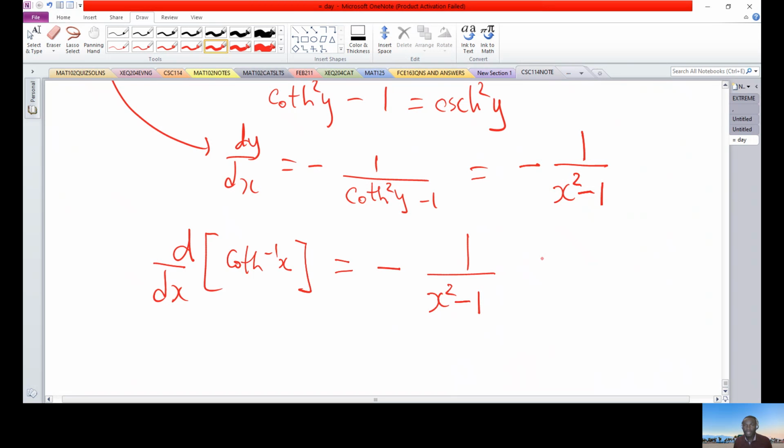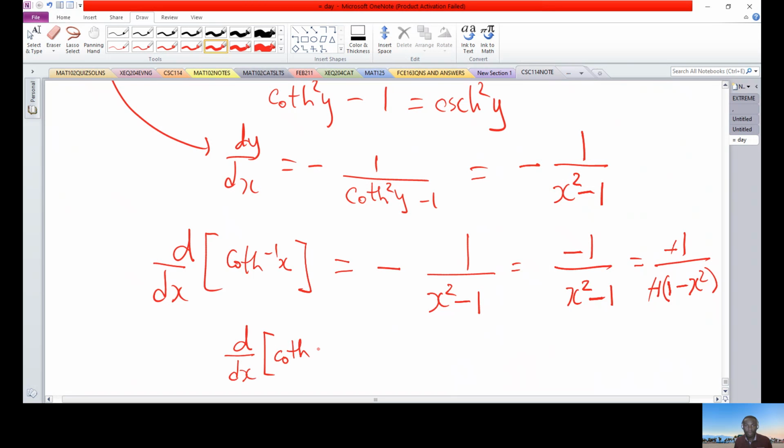But the same thing you can actually, so we have negative 1 over x squared minus 1, which is the same thing as saying negative 1 over, I can factor out negative 1, and then I have 1 minus x squared. Remember, this is the same as this. So therefore, this and this cancel out. So the same thing as saying d/dx of hyperbolic cot inverse of x is the same as 1 over 1 minus x squared.